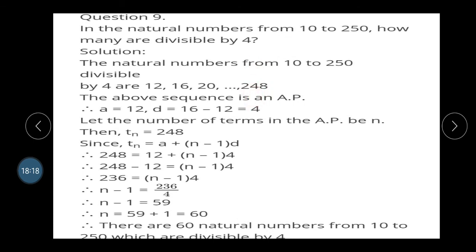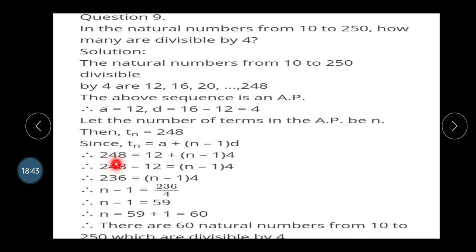The above sequence is an AP. Why is it an AP? Because the difference is coming 4 everywhere. So A, that is the first term, is 12. D, 16 minus 12 equal to 4. Let the number of terms in the AP be n. Then Tn equal to 248, since Tn equal to A plus n minus 1 into D. This is our formula.